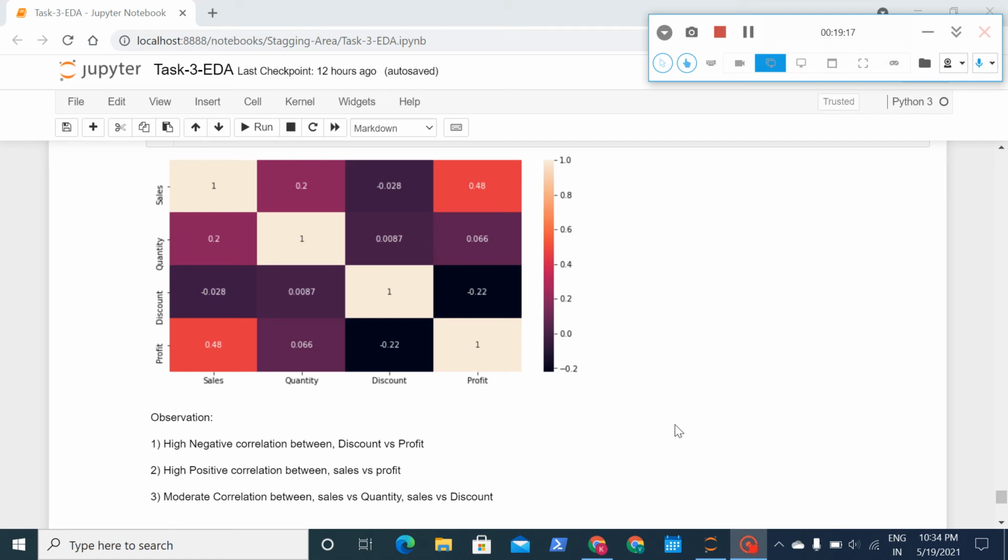The maximum value is 0.48, a high positive correlation between profit and sales, and a high negative correlation occurs between the discount and profit, that is minus 0.2. This is the highest negative correlation in this plot. So there is no sense in improving the discount to get more profit.